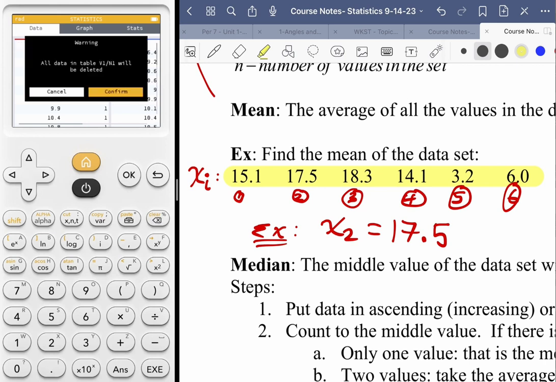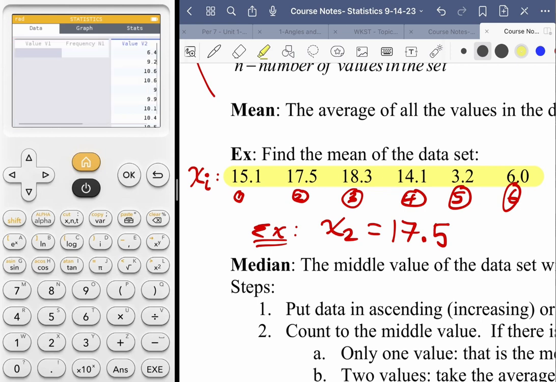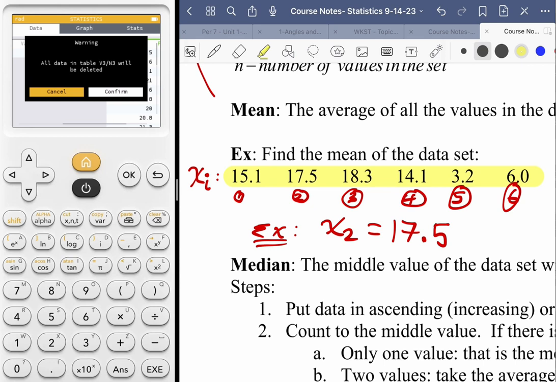Then I'm going to confirm, and it's going to wipe out all the data. I don't really need to do it for the other data sets, but I'm going to do it anyway. So I hit backspace and confirm, up to the column heading, backspace, confirm.